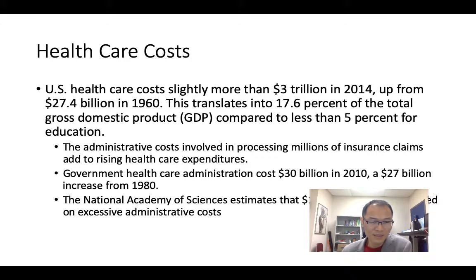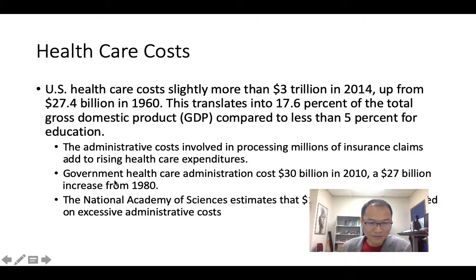And in 1960 it was only 27 billion. Now it's 3 trillion. And it's almost 18% of the GDP. To give you some idea how much money that is, 5% of our GDP goes to education, but 18% goes to healthcare.